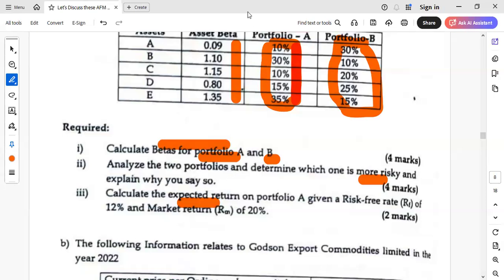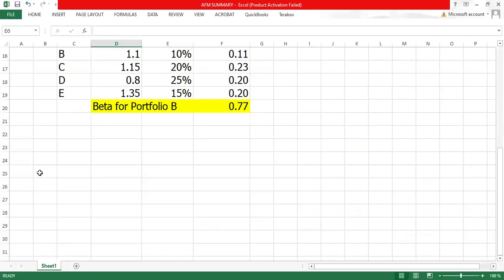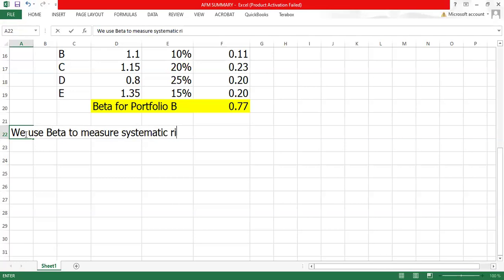Now, when you are analyzing, you just need to know, just for summary purposes, that we use beta to measure the systematic risk.